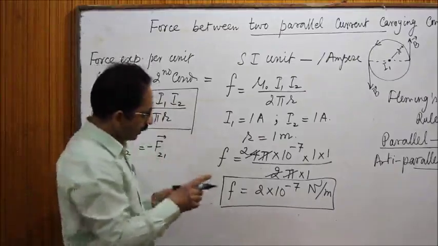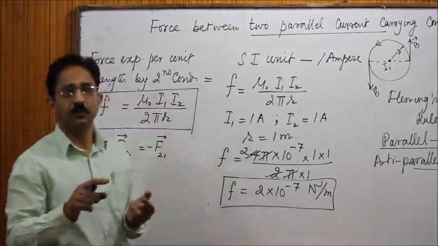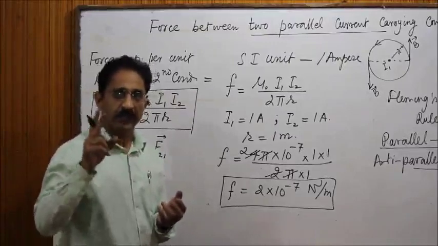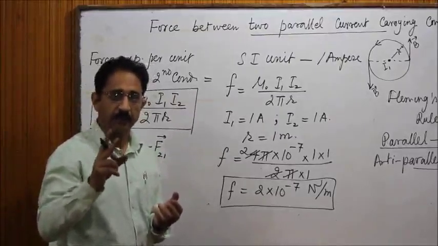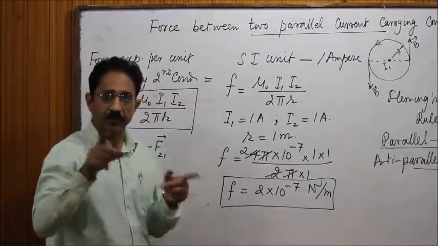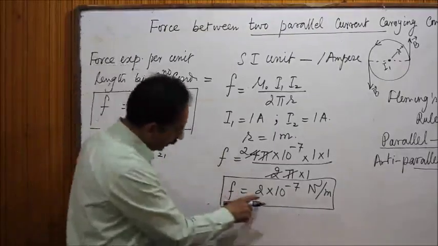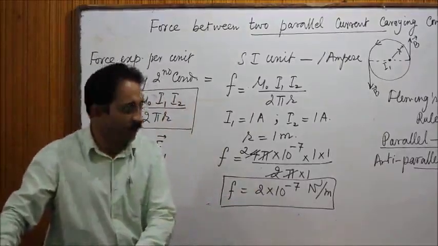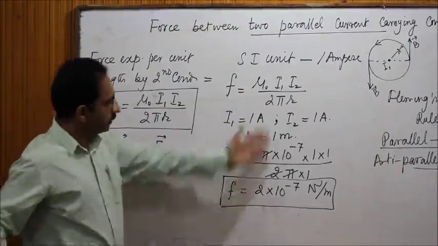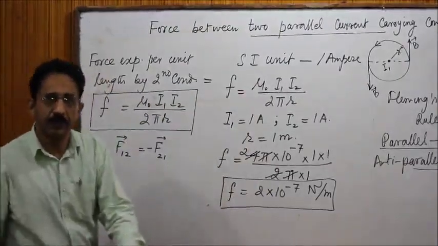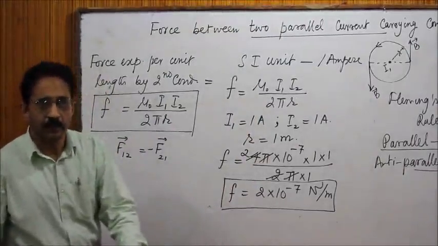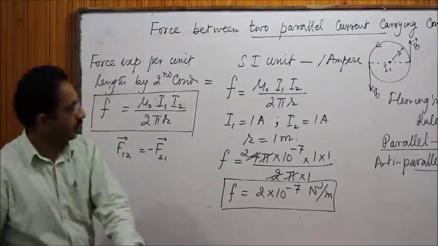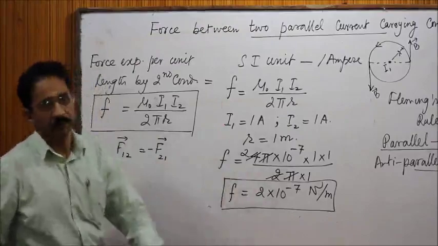Again I repeat: a current of 1 ampere each is said to be flowing through two conductors which are parallel, straight and infinitely long, placed in vacuum at a distance of 1 meter from each other, and produce an attraction of 2 into 10 raised to the power minus 7 Newton per meter. This becomes the basis of the definition of 1 ampere, which is one of the SI units, and it is a basic quantity. Current is a basic quantity, and the definition of 1 ampere is based on this concept.